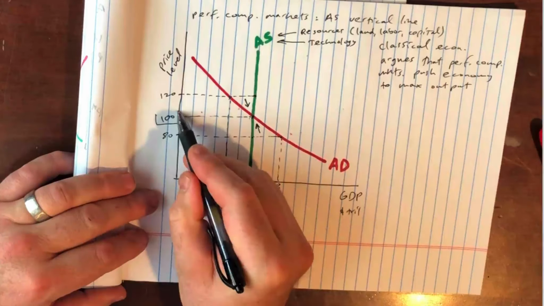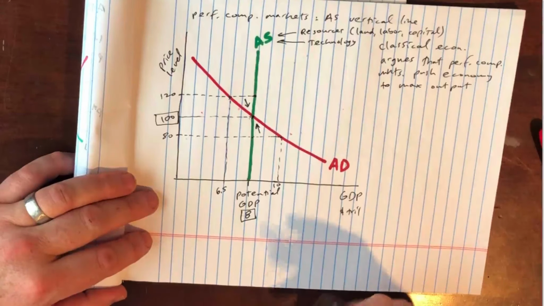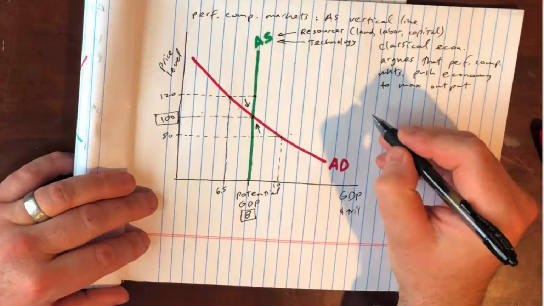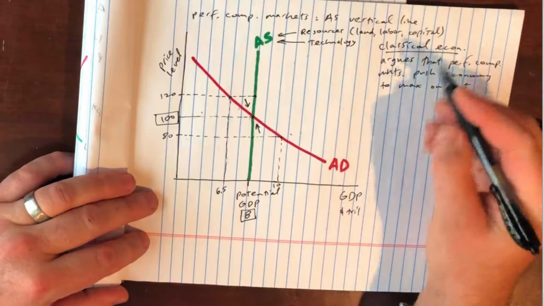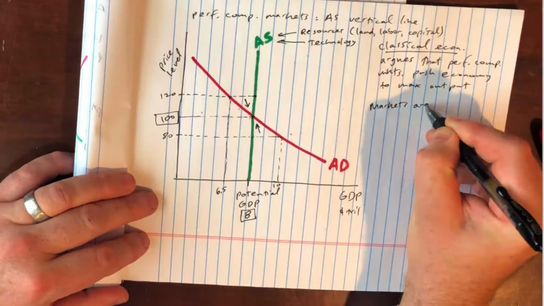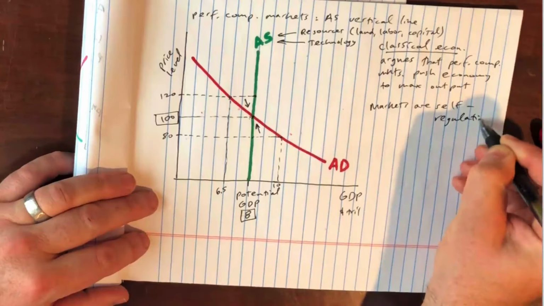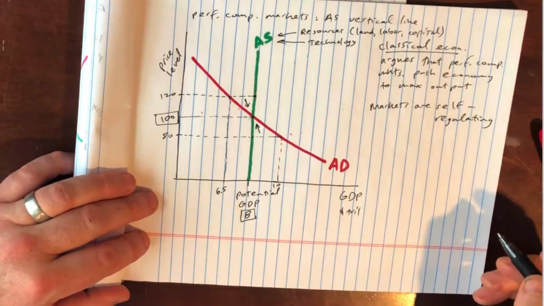Okay, this is why 100 is the equilibrium price level. And this is part of the overall classical argument that markets are self-regulating. They don't need outside regulation. They are self-regulating.